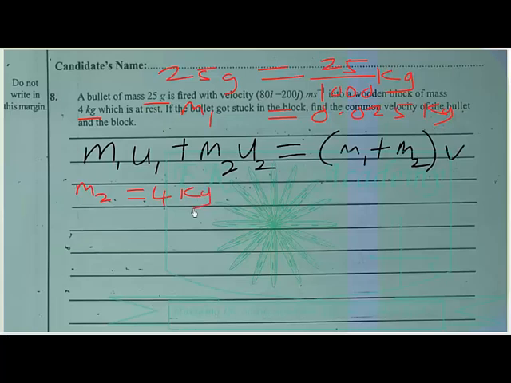So we substitute, then the v we don't know, that's what we are looking for. And we know our u1, the initial velocity, is equal to 80i minus 200j. Then the final velocity is what we are looking for. So let's fix in.